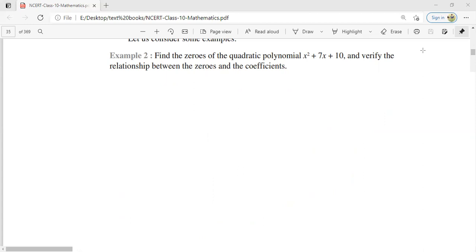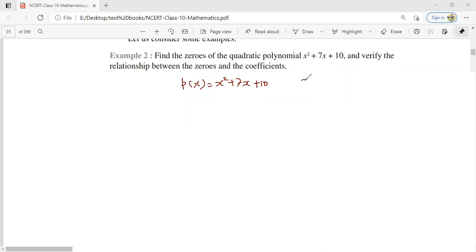To find the zeros, how do we do it? We write the given polynomial: p(x) is equal to x square plus 7x plus 10. We will find the factors of this polynomial and equate each factor to 0 to find the value of x. That x will be the zeros.